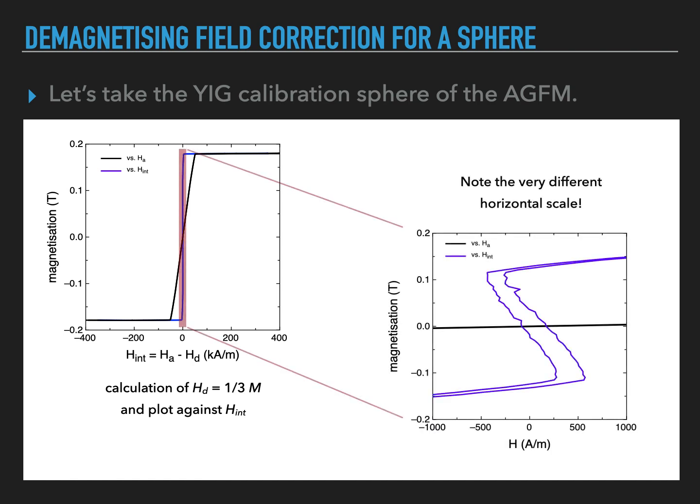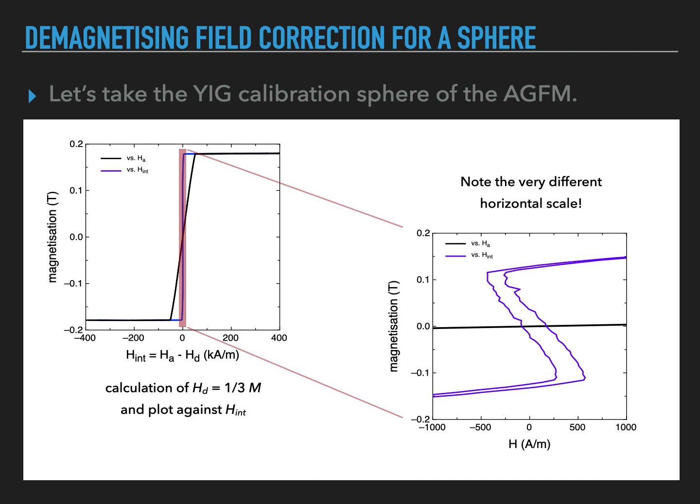Unfortunately, if you magnify close to the origin, you can see that there is a sort of overcompensation effect. That means that the magnetizing field that we have calculated is too strong. It should be smaller. That is due to the fact that it's not so easy to calculate the magnetizing field, because in principle the formula H_D equals coefficient times M is only valid when the material is saturated.